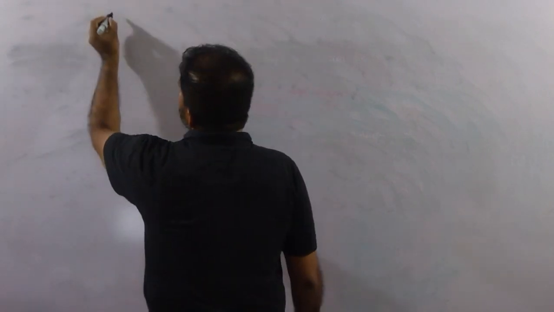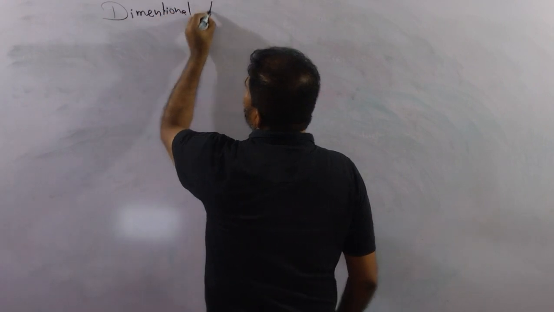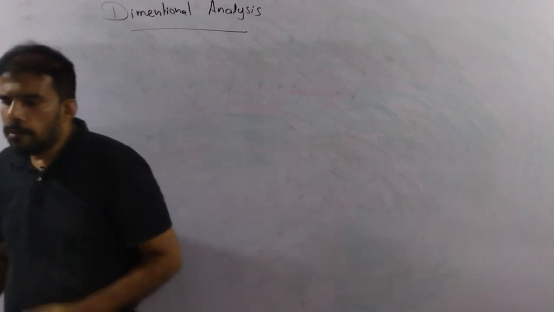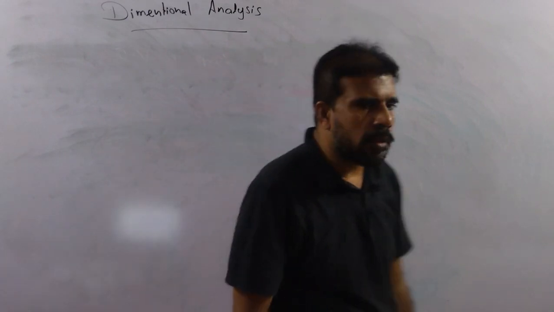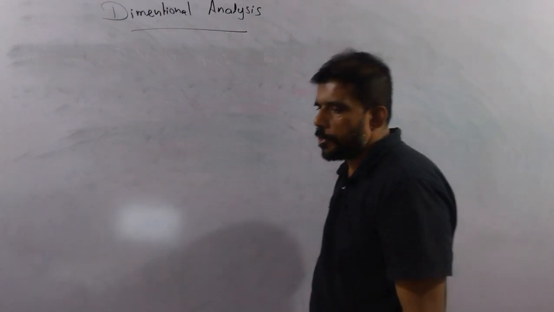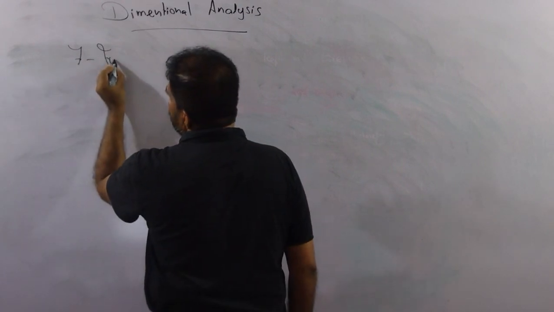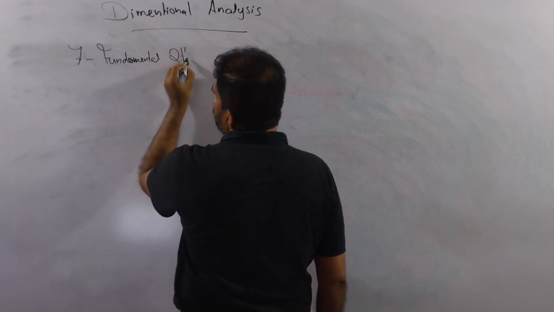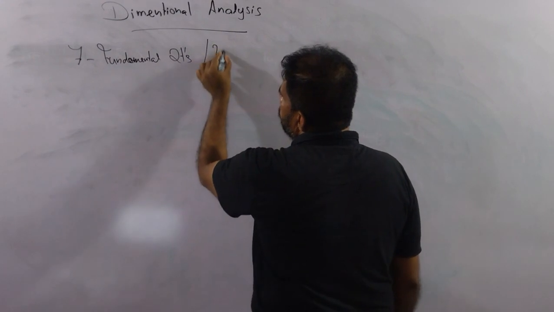Dimensional analysis. Right. We know there are basic dimensions or basic physical quantities of objects, and we define seven fundamental quantities or units.